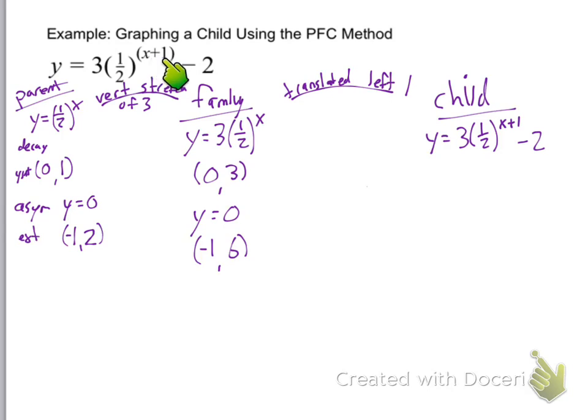And this one, because it's with x, always does the opposite. So it says +1. Nope, I'm actually going -1. Okay. This is my k value, -2. That does exactly what it says. If I'm going to go -2, I'm going down 2. Guys, make sure you're writing translated down 2 or 2 down. It doesn't matter which way you want to say that.